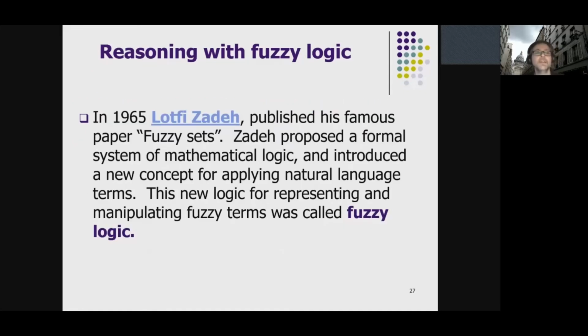So it was proposed in 1965 by Lotfi Zadeh, as I said, and you can click in the slides, in the link, it goes to the video that talks about Zadeh. He proposed the theory in his famous paper, Fuzzy Sets. It was published in 1965. And Zadeh describes a formal system of mathematical logic. Okay, so it's not fuzzy at all, it's not heuristic.